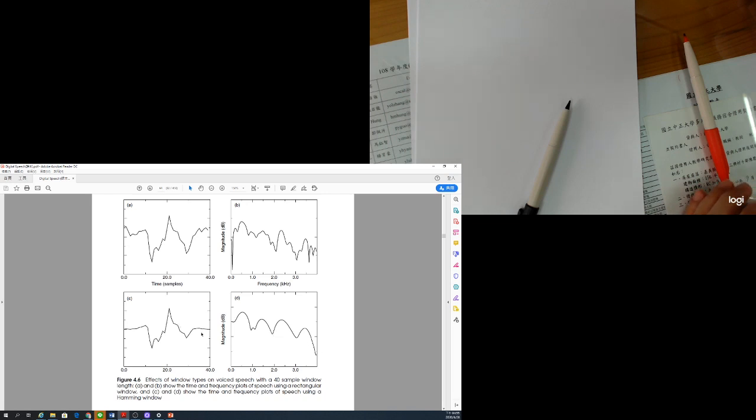Once your window becomes smaller, with the Hamming window there's no big information inside, so in the frequency domain it will look more simple. However, if you are using a rectangular window, it will contain more detail there.